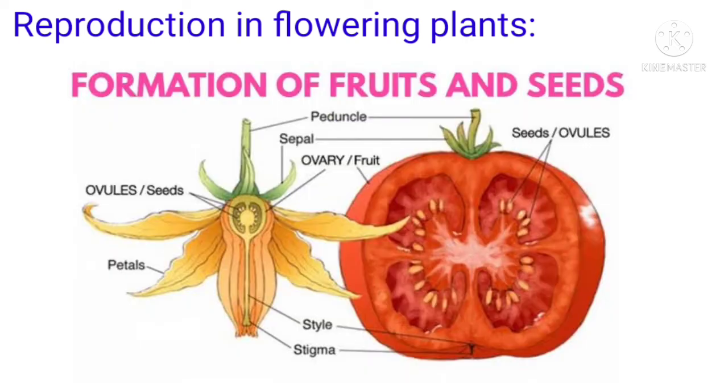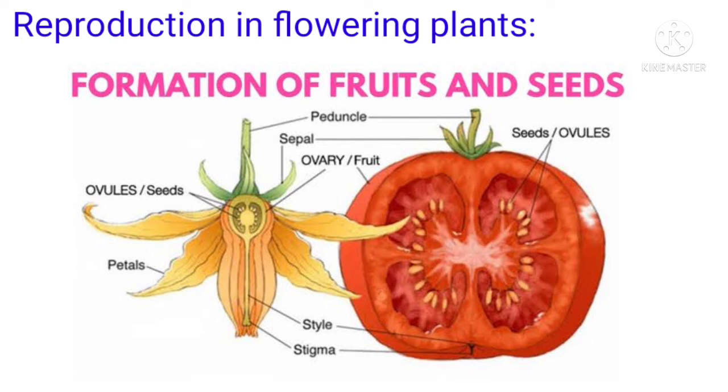So next process is formation of seeds. After pollination, the petals and stamens fall off.